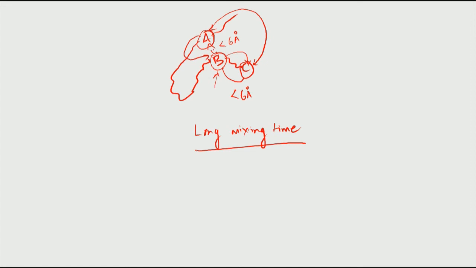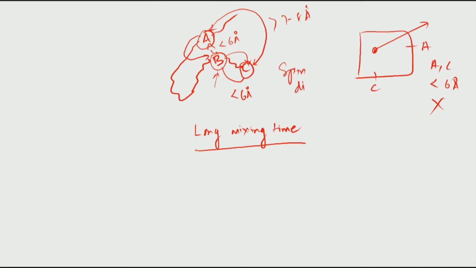But in NOESY, I do not expect a direct cross peak between A and C. If I see a cross peak between A and C in a spectrum, it would mean that A and C are less than 6 Angstrom apart, which is wrong, because they may be more than 7 to 8 Angstrom apart. So, you see, this is called a spin diffusion peak.